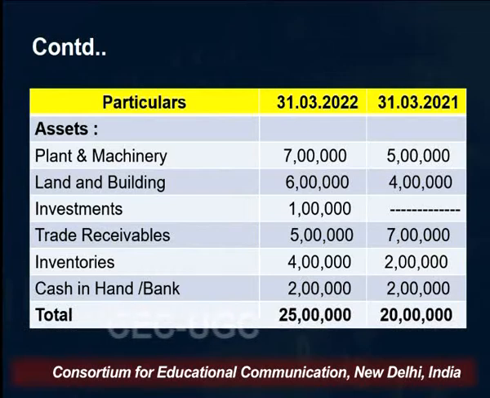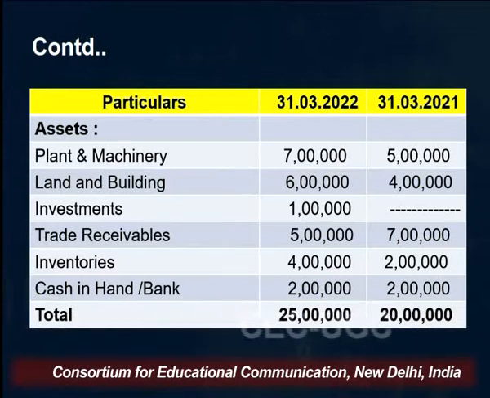Just do remember, whenever we are preparing statement of cash flow, we have to exclude certain items under the head of operating activities. For instance, cash in hand or cash at bank, whenever it is given in the question, we will not show it under the head of operating activities.